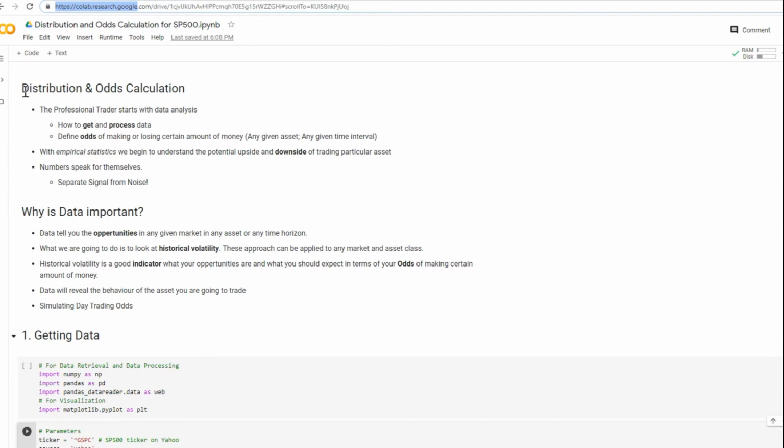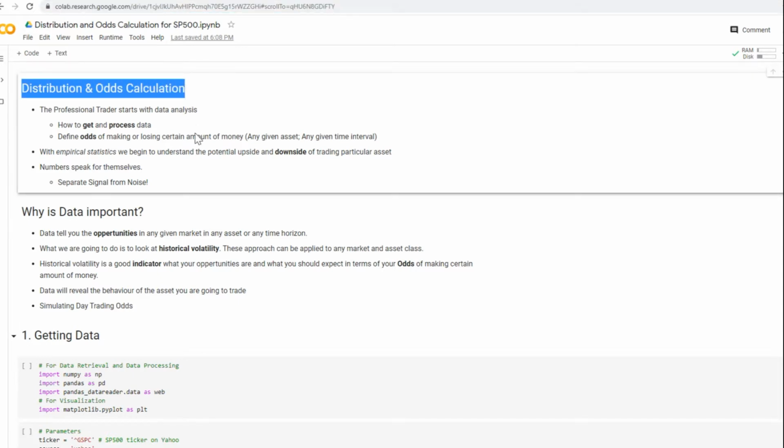So first of all, we do the distribution and odds calculation. The professional trader starts with data analysis. We will cover how to get and process data, and define the odds of making or losing a certain amount of money for any given asset and for any given time interval. So you can select the time interval.